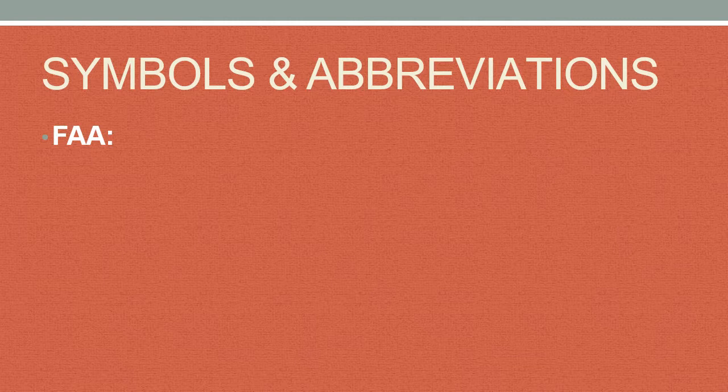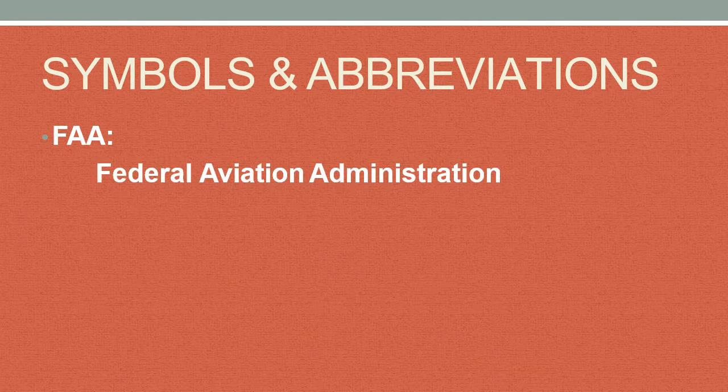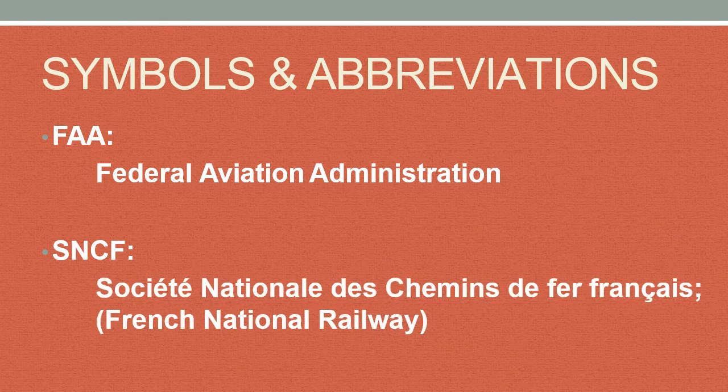Basically the use of initials. The FAA, everyone understands this, that's the Federal Aviation Administration. But sometimes you might need some research to know what the initialization is. For example, not very many people know what SNCF is, which happens to be the French National Railway.